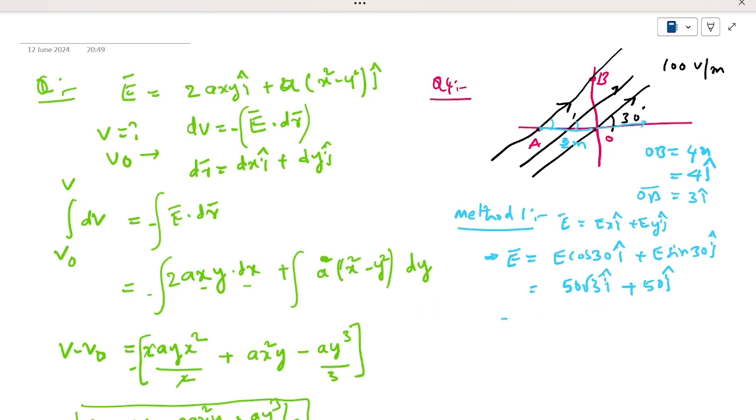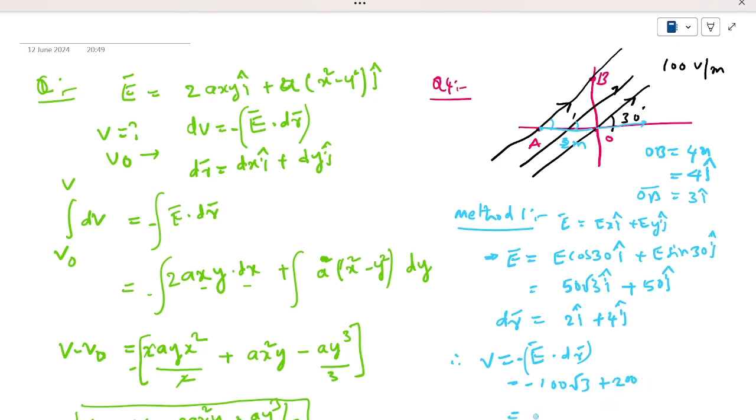So now dr bar is given: dr bar is equal to 2 i cap plus 4 j cap. Therefore, the potential is asked to be found. The potential is negative integral of E bar dot dr bar, which equals 100 root 3 into 2 plus 200.